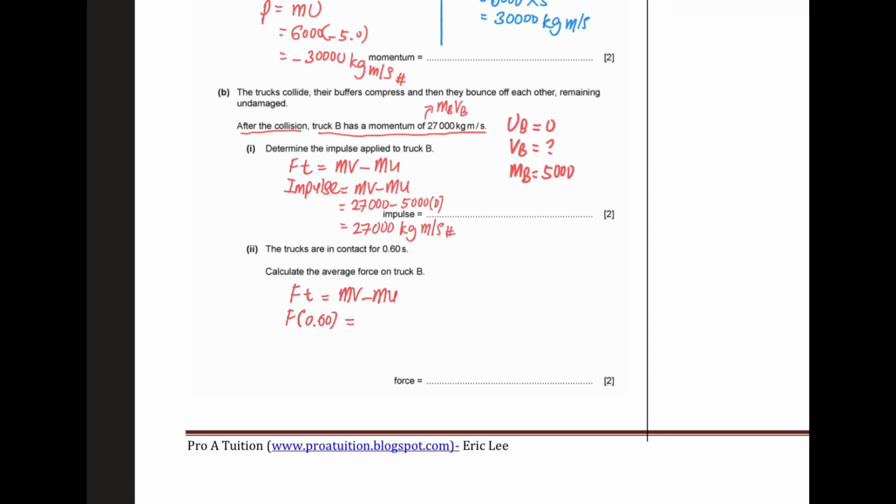You want to count the force, you put the time. mv minus mu is from the previous part, 27,000. Then 27,000 divided by 0.6, we get 45,000.